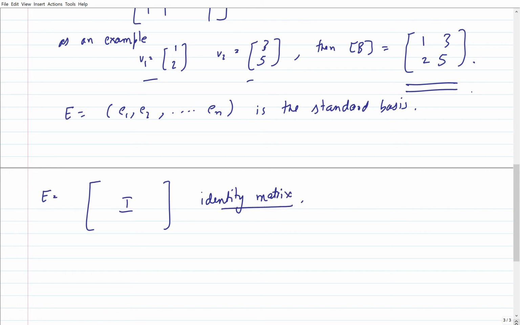That's called the standard basis, where the basis vectors are essentially 1, 0, 0, 0, 1, 0, 0, 0, and so on and so forth.